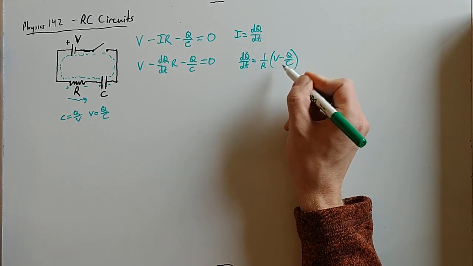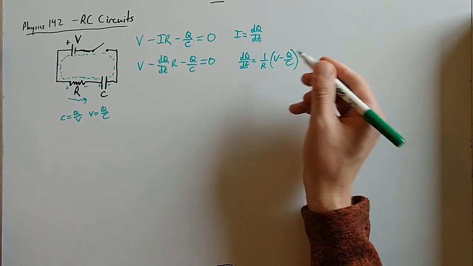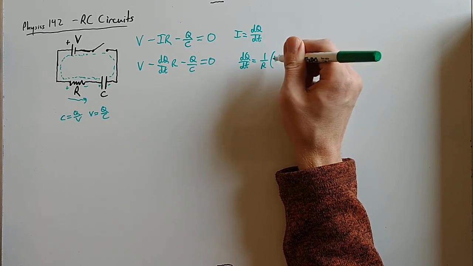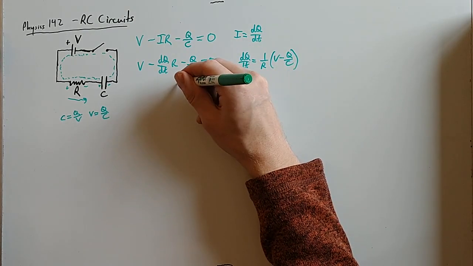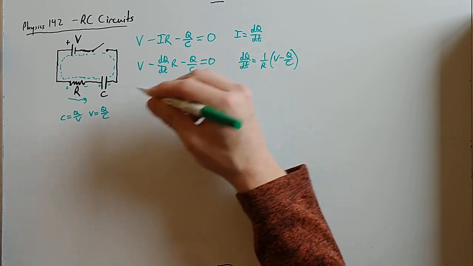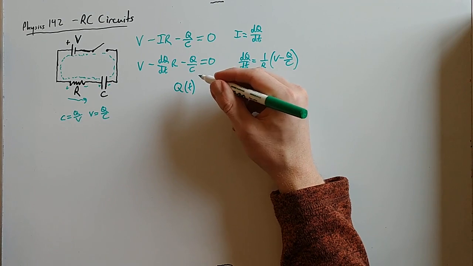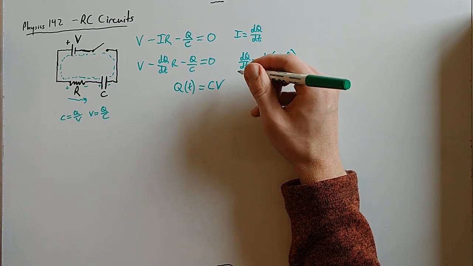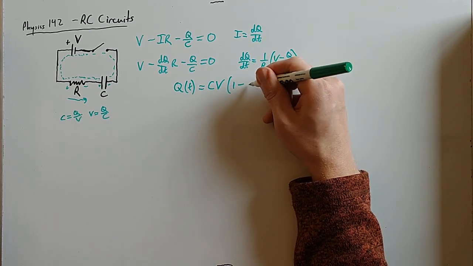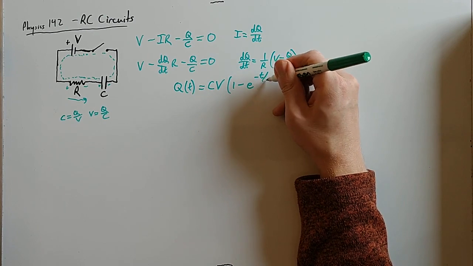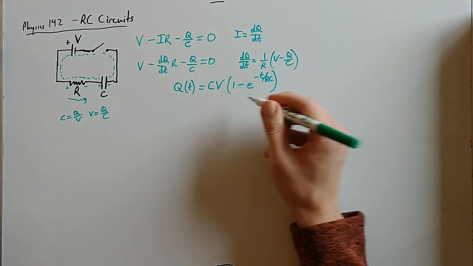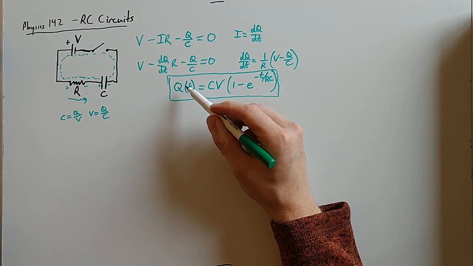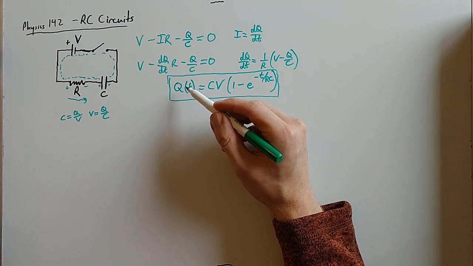The solution to this differential equation, the equation that works, is that Q as a function of t on the capacitor ends up being C times V times 1 minus e to the minus t over RC. This is an important equation, the amount of charge on a capacitor as a function of time.